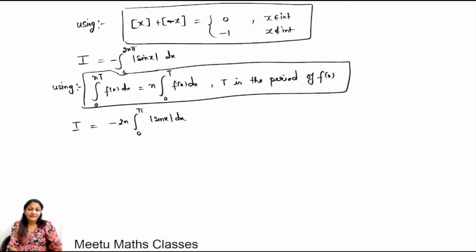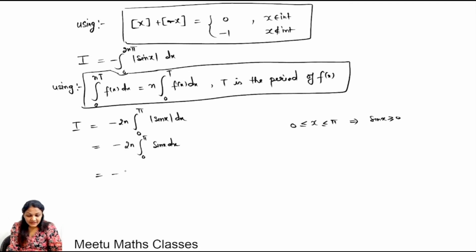Okay. And when x lies between 0 to pi, sin x is positive. And if sin x is positive, then modulus of sin x will give you sin x only. Okay. And the integral of sin x is minus cos x between 0 to pi.